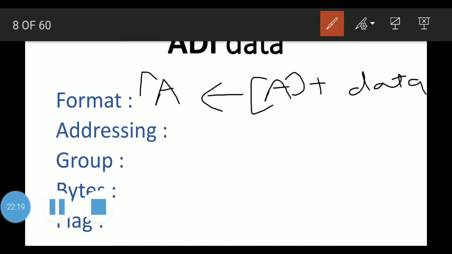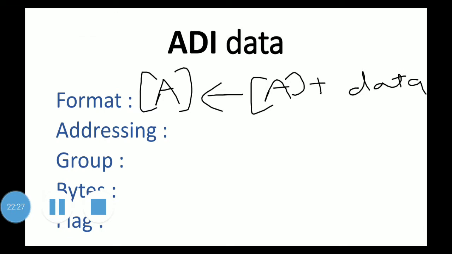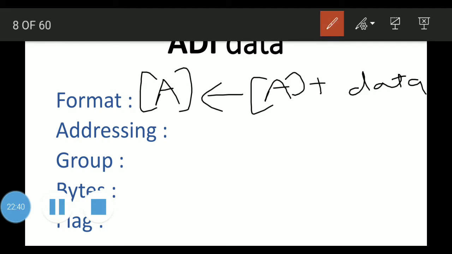Which addressing mode is it? I have the letter I in ADI. In my explanation of addressing modes I specified that I means immediate addressing mode. So here I indicates immediate. It is immediate addressing mode.